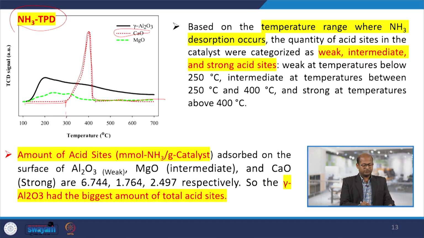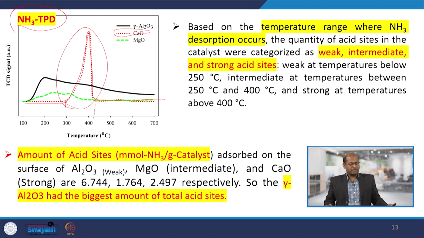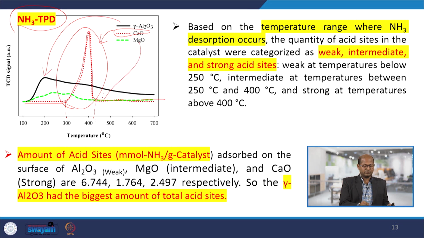So, within the temperature range 300 to 420, that much quantity of ammonia desorbs for this particular material. Similarly, alumina and magnesium oxide were also studied by ammonia TPD. In that case also the ammonia desorbs with different natures and at different temperatures. So, from one material to another, the amount of gas desorbed is different and the temperature is also different.